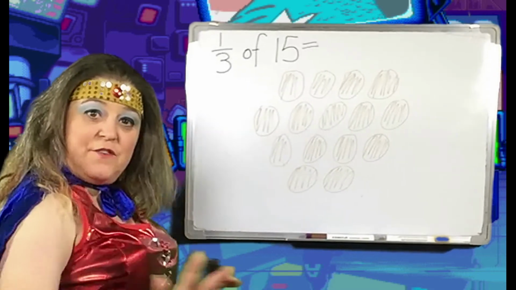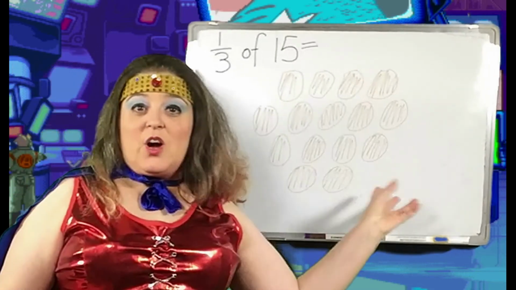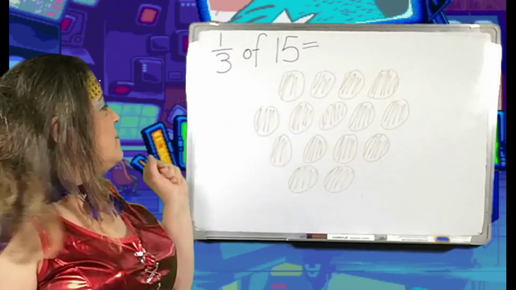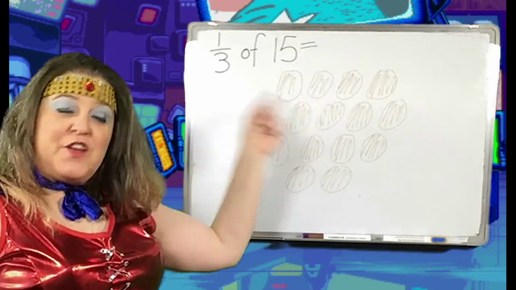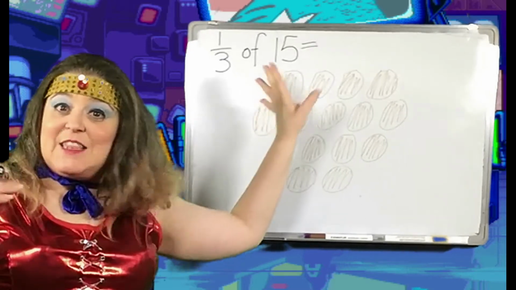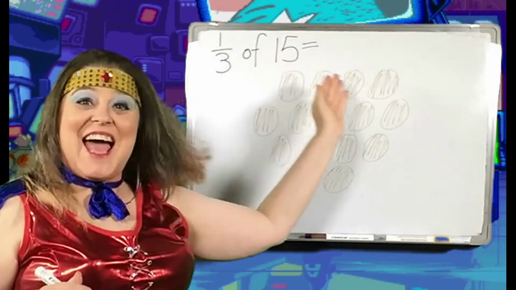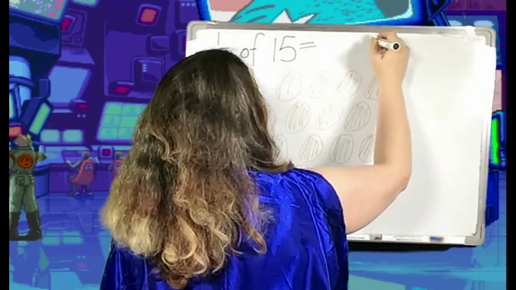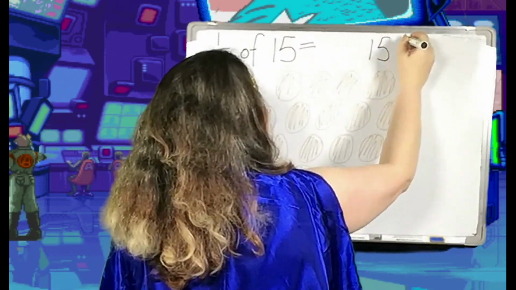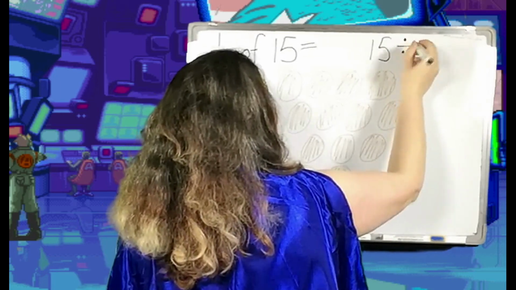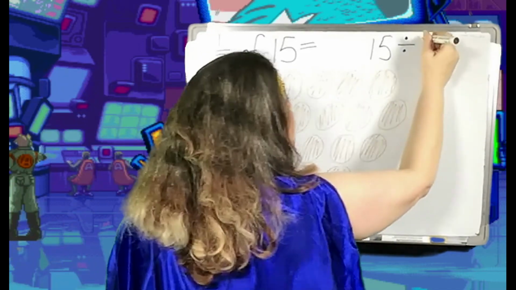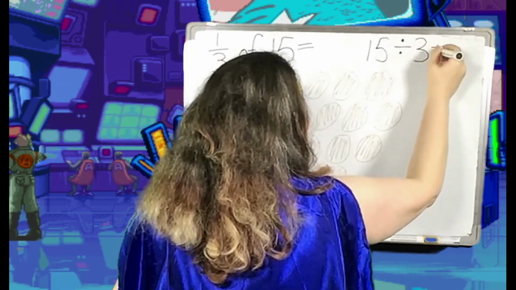Okay, most of you are done, so we're going to go ahead and see if we can work out this 1/3 of 15. Now, I think the best way of working this out is again through a division. So if we work out 15 divided by 3, we will come up with our answer.